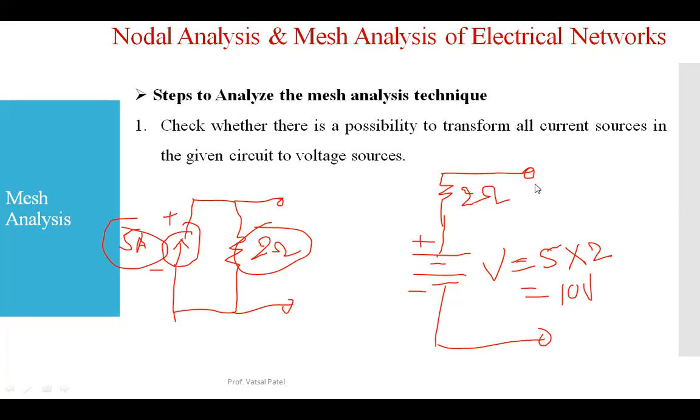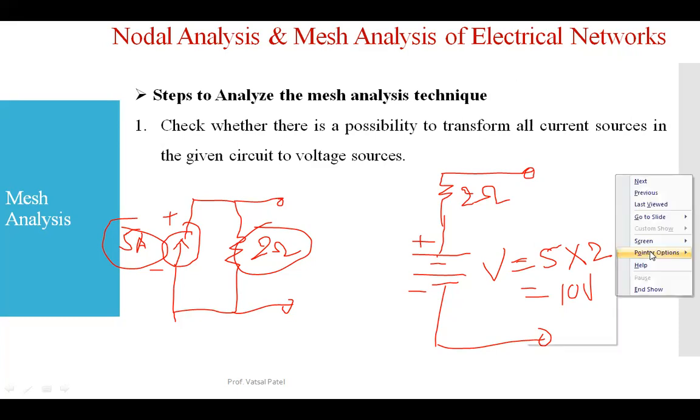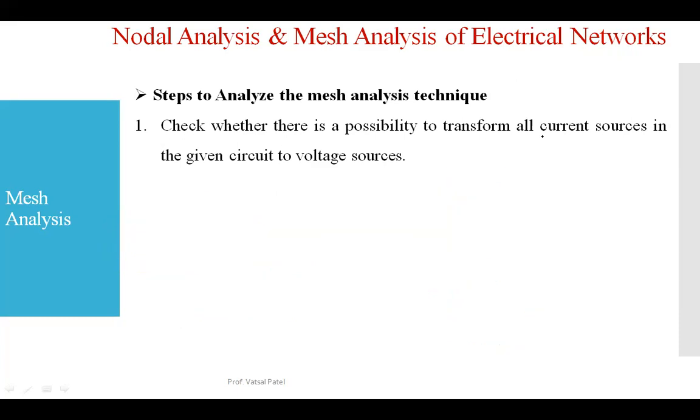Okay. So this is talking about the first parameter: when you transform this current source into the voltage source, you have to first check the possibility, whether it is given in the example question or not.